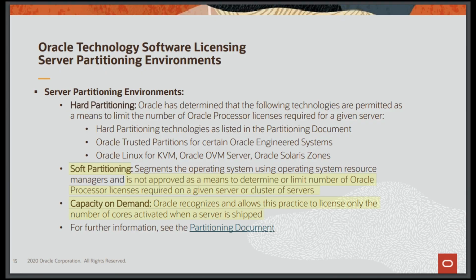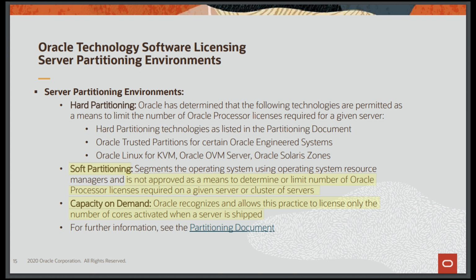Notice capacity on demand. More arrogance on the part of Oracle. Supposedly, they're only going to recognize the number of enabled cores in a server when that server ships. It's a false statement. If you want to take that server down months or years later and reconfigure the BIOS to limit the number of cores that are enabled, that is your privilege.